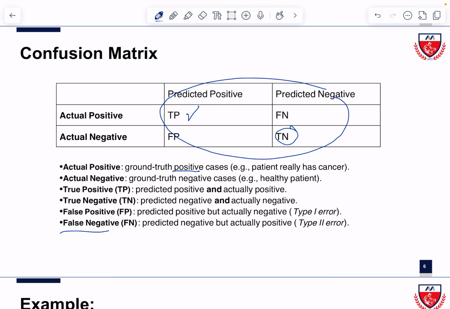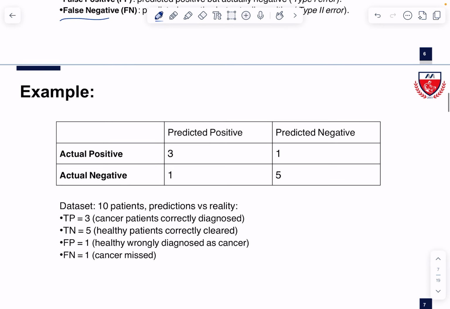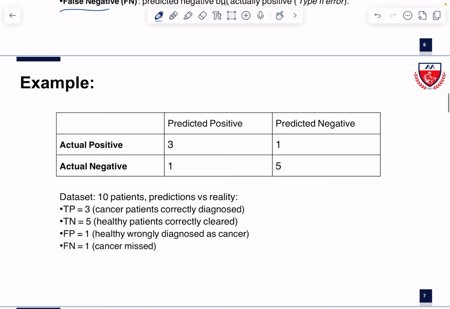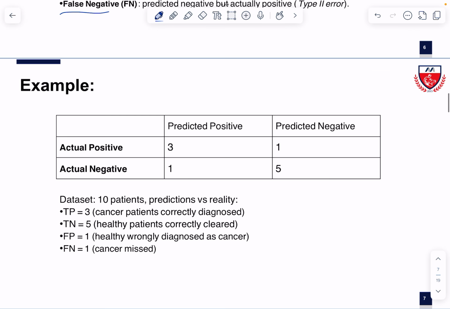Let's say for example, we have a false positive of one and a false negative of one. The false positive is when the patient is healthy but wrongly diagnosed as having cancer. The false negative is when the patient truly has cancer but is diagnosed as healthy.